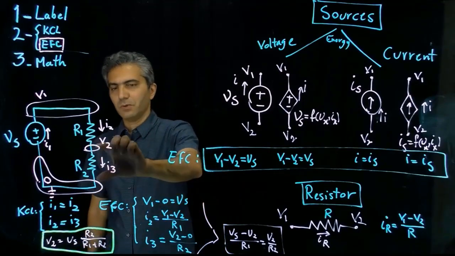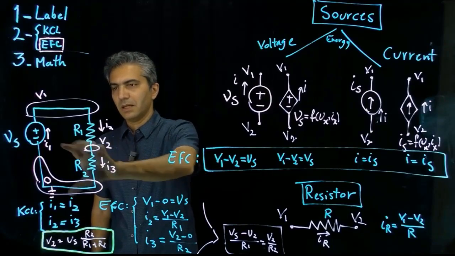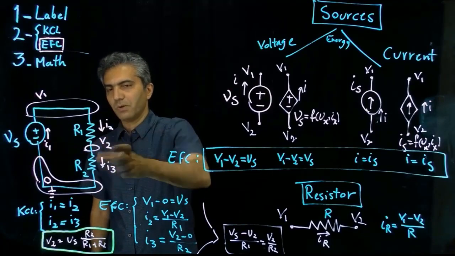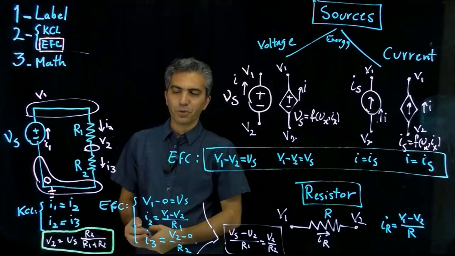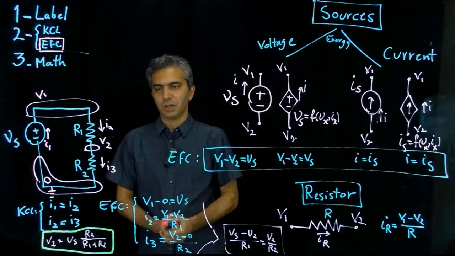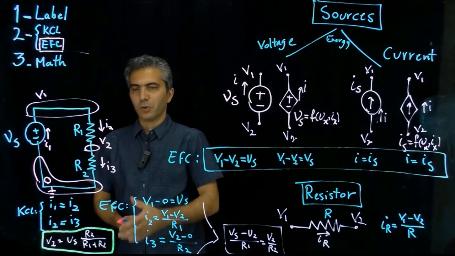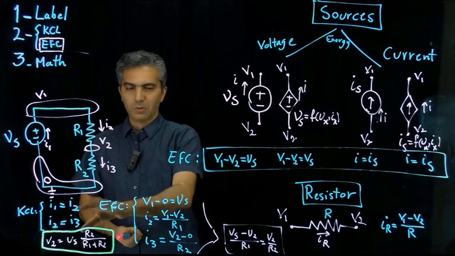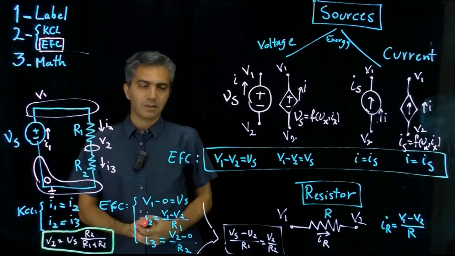What it tells you is that the voltage on that node is basically the voltage of the source divided between the two resistors proportionally, and it could be used to quickly calculate the voltage of that node without going through this process.